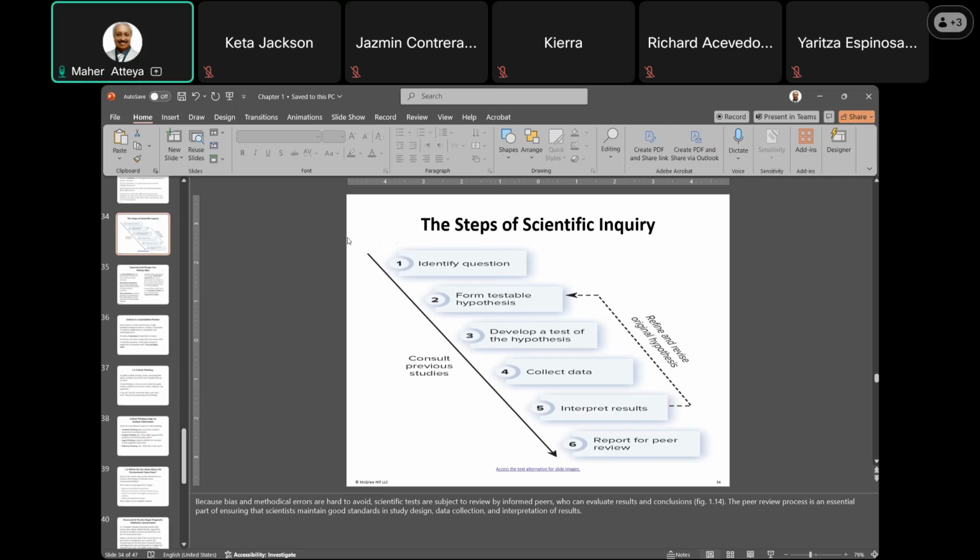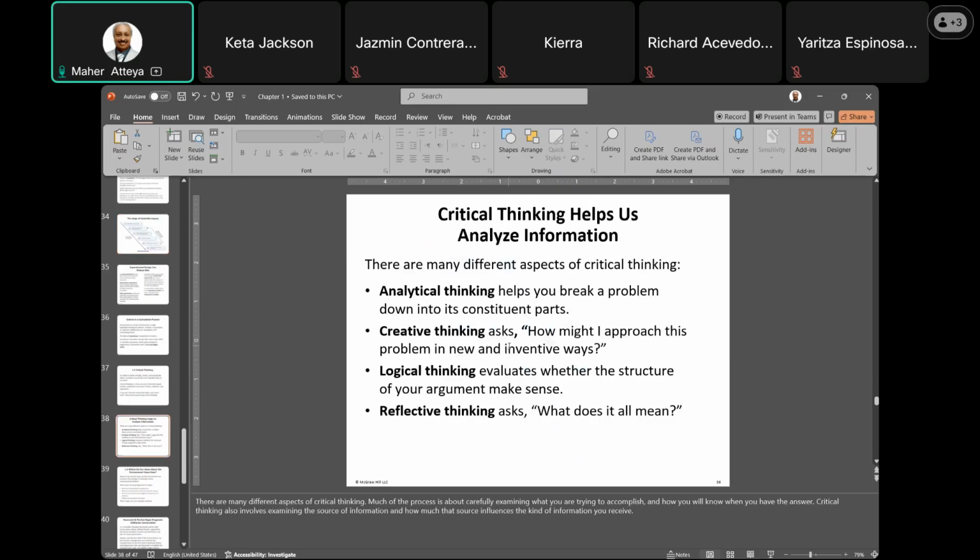However, if you have peer review from the scientific community and they are supporting you, then you elevate these theories into scientific law. That's all about scientific inquiry, correct, guys? In short, you can read over this.